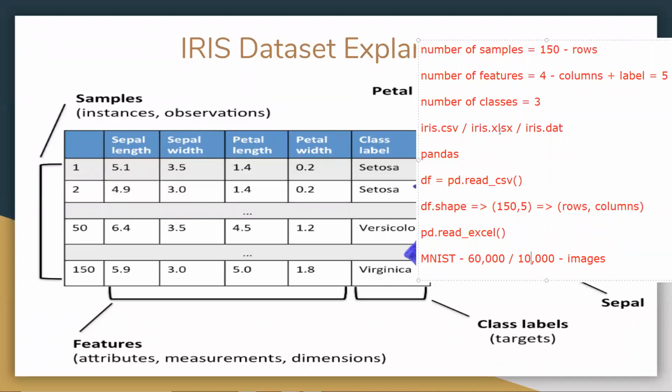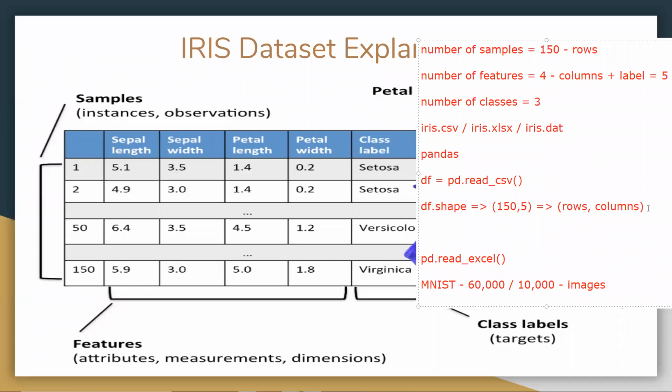Here you have 150 rows, right? Typically we divide this 150 into a train and test split, because you have to train the model, and after you train it, you have to test how it is working.